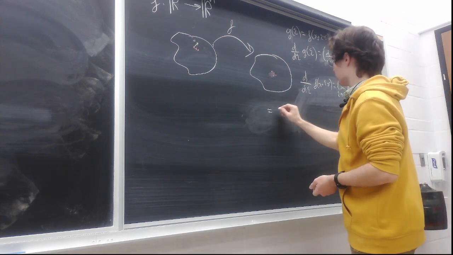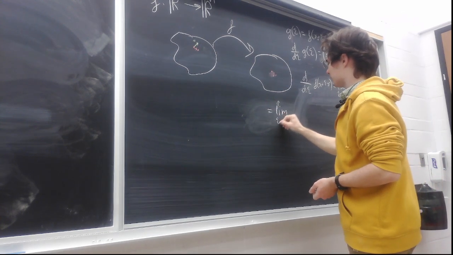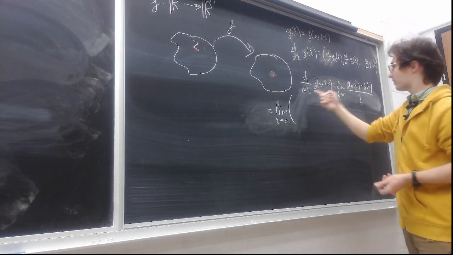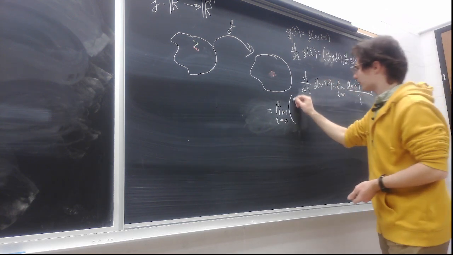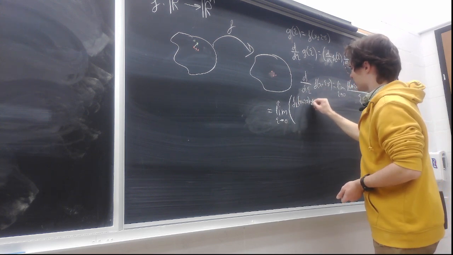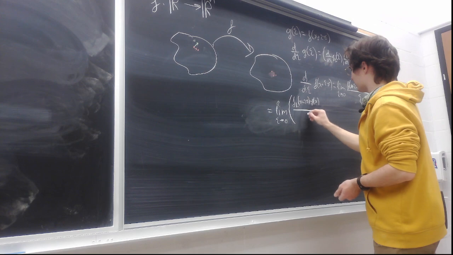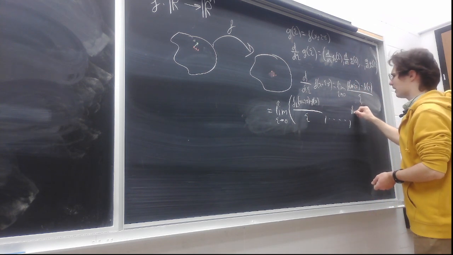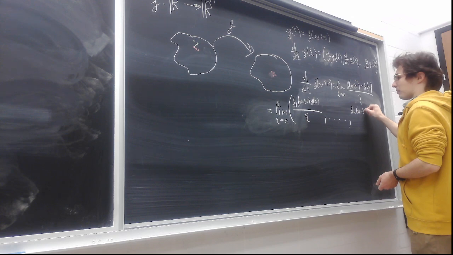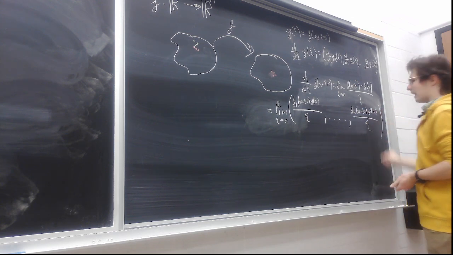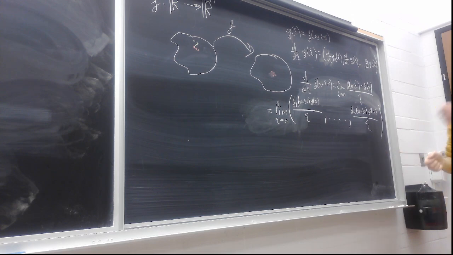This is the limit of the component, x plus epsilon v, and we kind of have to take the limit.